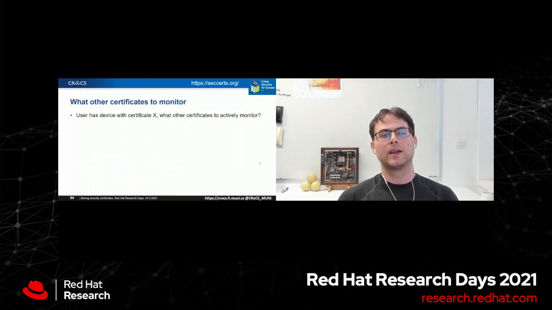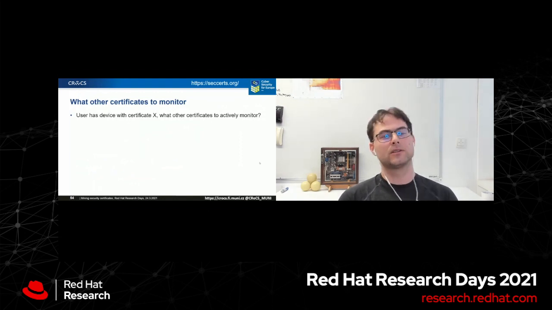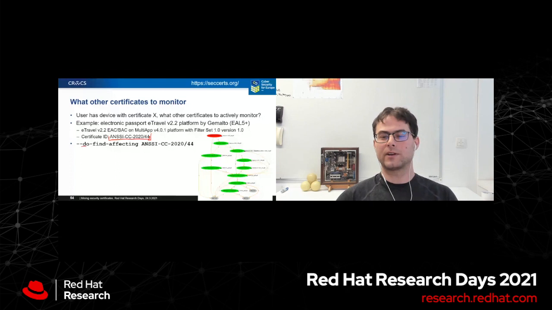certificate ID, you can just use another switch from our tool, and now you are asking which certificates are either directly or indirectly referenced by my device. Okay, and this is my device now, and all these certificates can eventually lead to a vulnerability in this one.